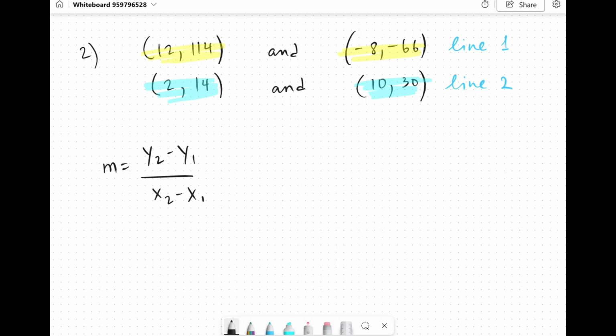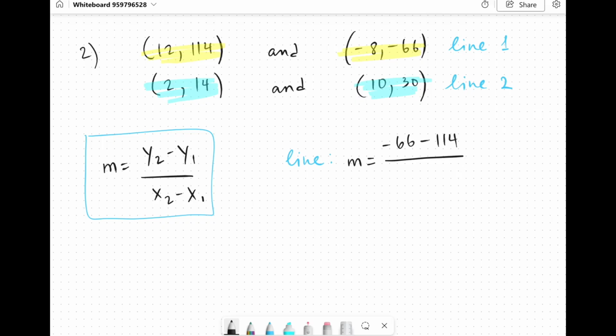So for line 1, using this formula, we get m equals y2, which is negative 66, minus y1, which is 114. Going back to the second point, going to x2, so negative 8, minus x1, which is your 12.